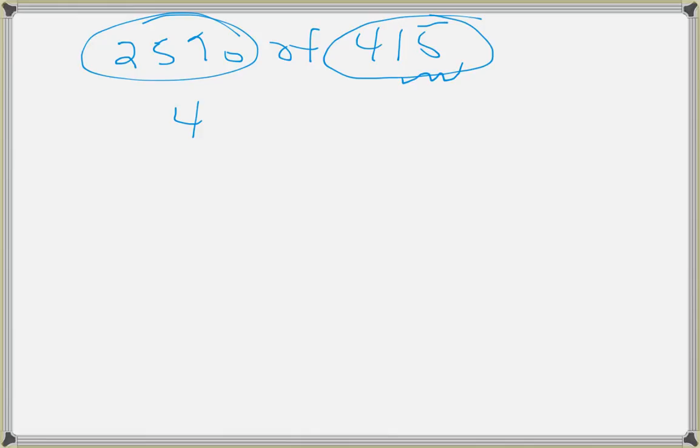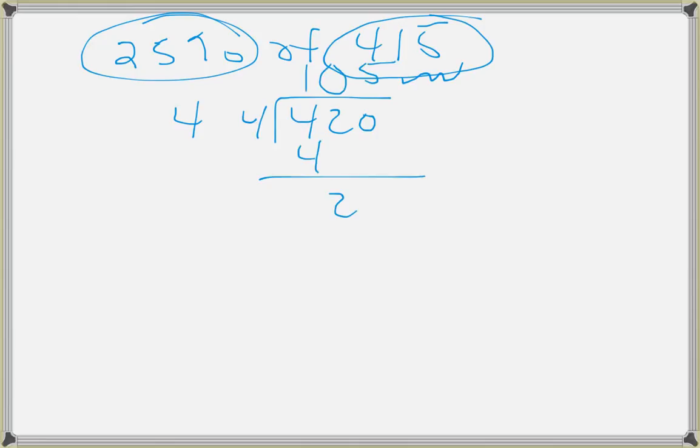So you could use 400, you could use 420. I'm going to use 420, and I'm going to divide 4 into 420 because I know that goes evenly. So I'm getting 105. So 25% of 415 is somewhere close to 105. So you can get a nice estimate.